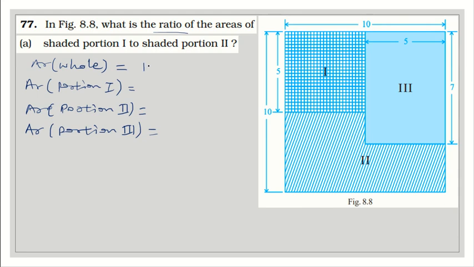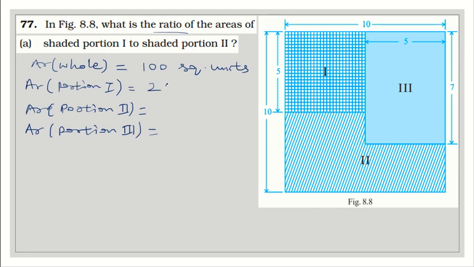So it is 100 square units. And area of portion 1 is also easy because it is a square shape, 5 by 5 only, because out of 10 this much is 5, which means leftover is 5 only.